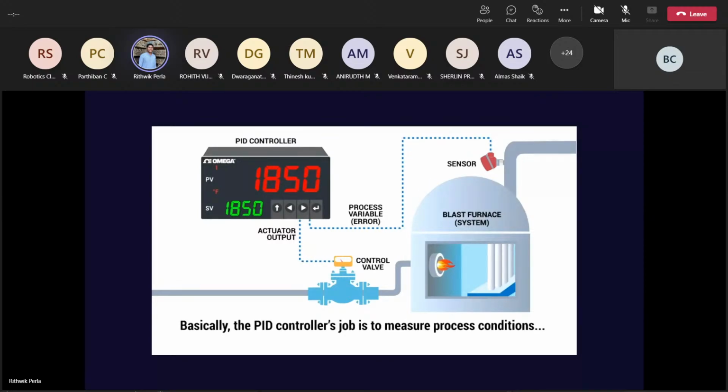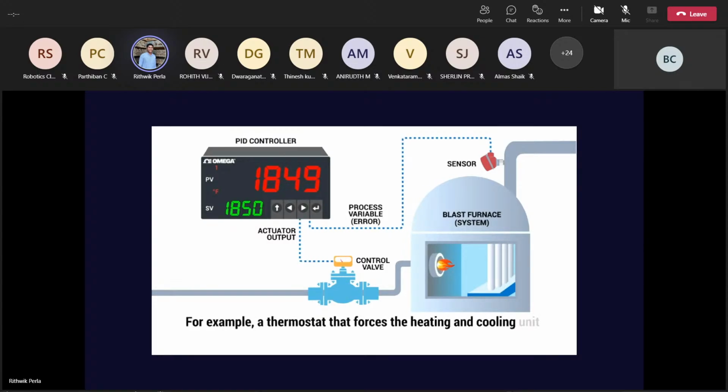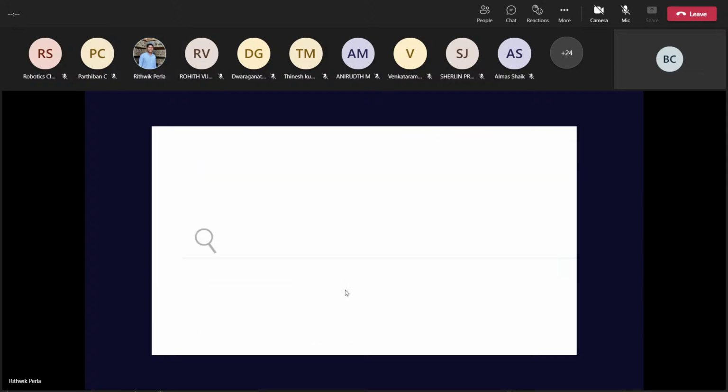This is where we spoke of the first example, temperature control of a blast furnace or a water tank heater or something like that. You can see the loop, how it goes. The sensor identifies the water temperature, then sends it to the controller. Accordingly, it will vary the input. So that's a brief video. If you want, you can have a look at it once more.